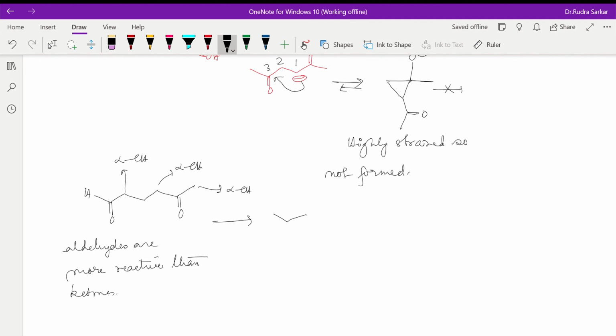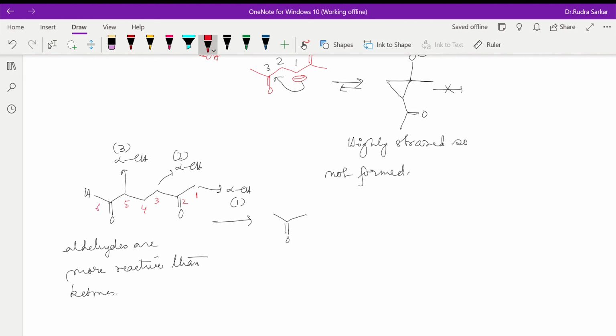Okay, so let's do this, this is number 1, say this is 2 and this is 3, suppose. So if I have it something like that, then I can obviously think of, by numbering I will get the idea of the ring. This is 1, 2, 3, 4, 5, and this is 6.